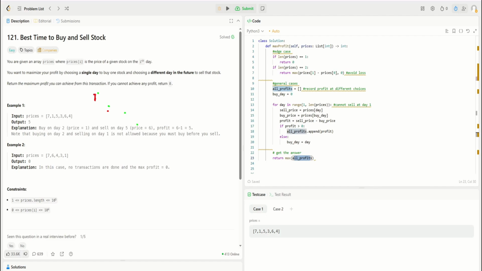We buy here, and then here, and then here, but none of the transactions can be made. So we need to add a restriction: if all profits is not empty. Otherwise, the profit is 0 because it's not transactable.